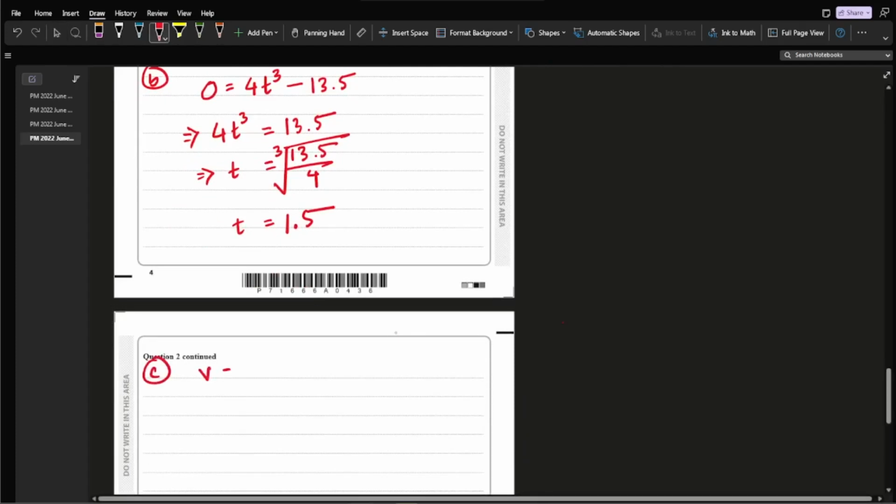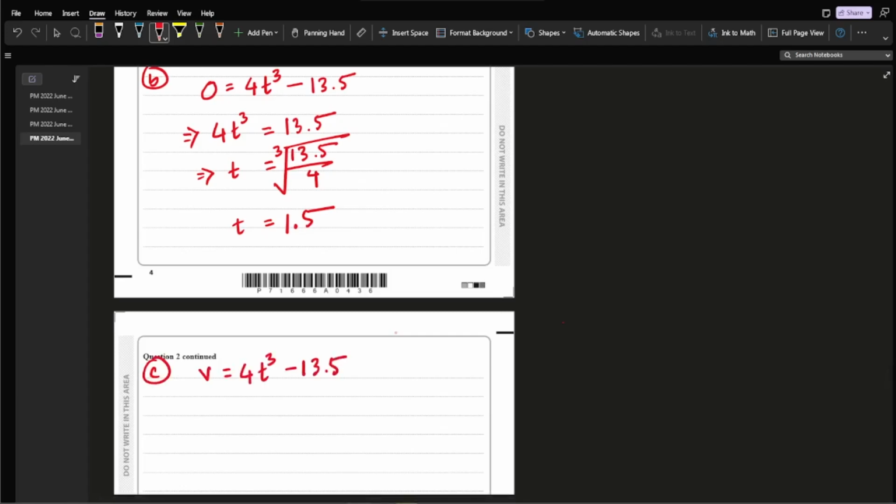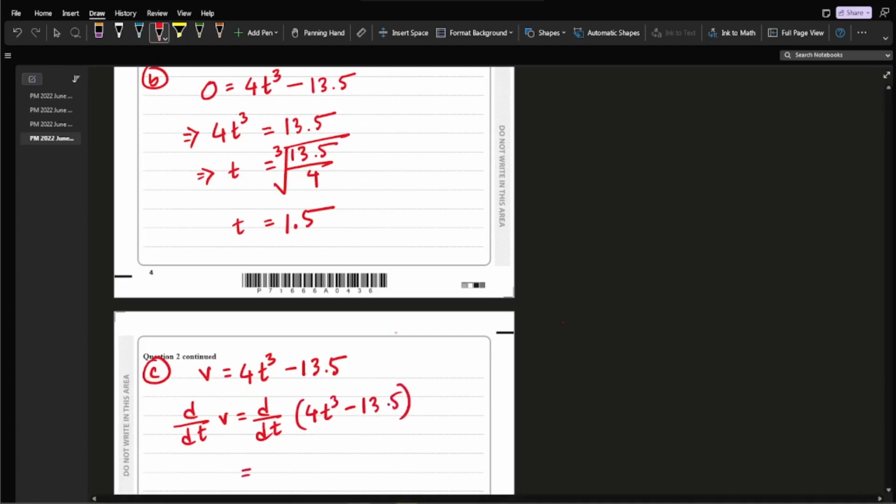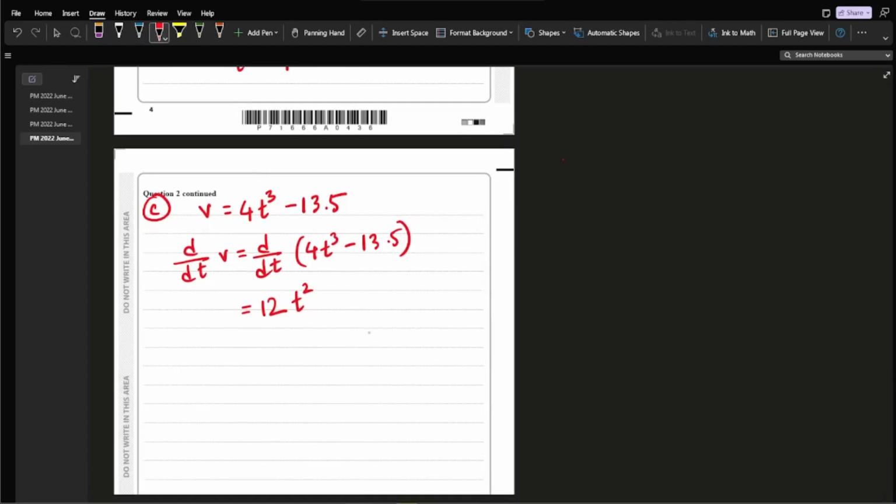We know v is equal to 4t cube minus 13.5 from question A. Now if we differentiate v, 4t cube minus 13.5, we get 3 4s are 12, t squared minus 0, so I'm not writing 0, and if we differentiate v in terms of t, we get a. So this is our equation.